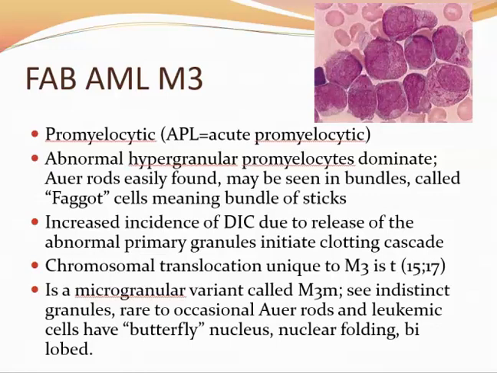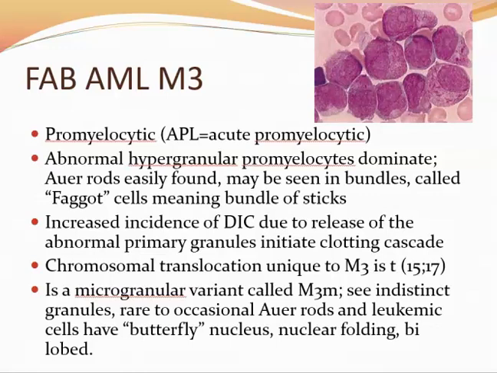There's an increased evidence of DIC, or disseminated intravascular coagulation, due to the release of abnormal primary granules that initiate the clotting cascade in these patients. You have a chromosomal translocation unique to the M3 classification, t(15;17). And again, that's just a chromosomal abnormality.